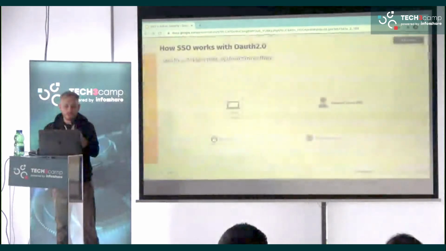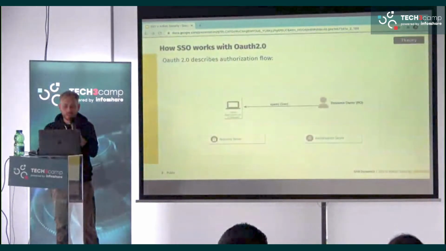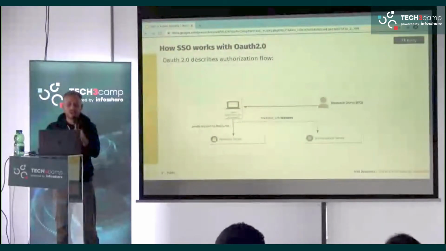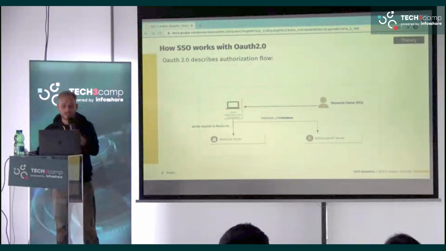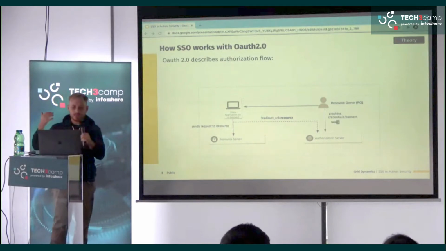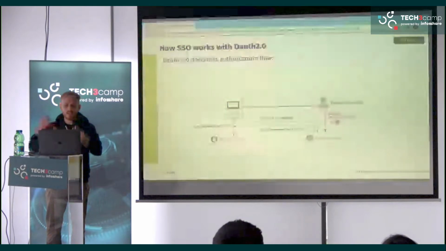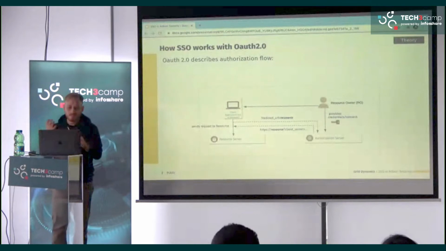The main flow looks pretty simple. The user opens the client, tries to get the resource from the web application, and gets redirected to the authorization server. The redirect URL contains a link back to the resource server. Then the user provides credentials and maybe a consent to the authorization server, and is redirected back with some client secret. It's like an object that represents a user for the resource server.